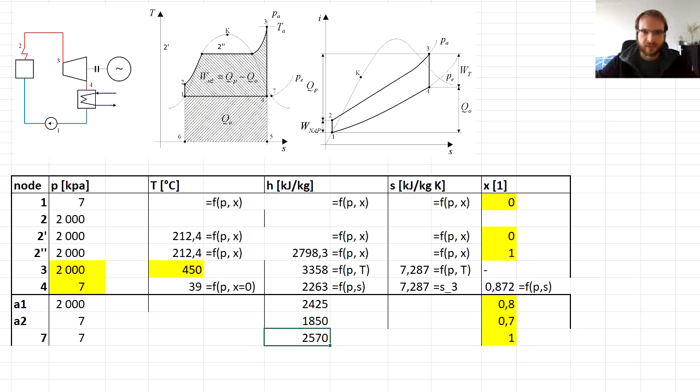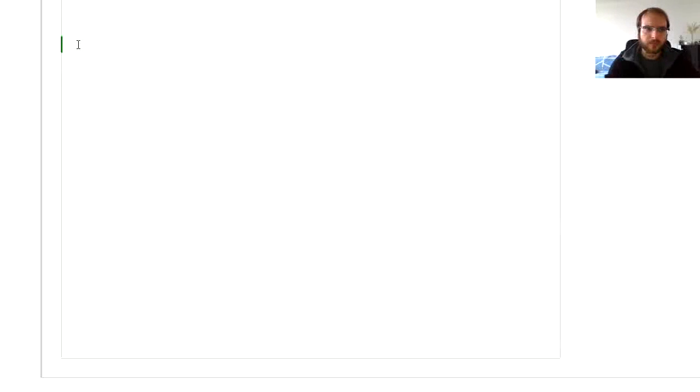Now let's get the values of the saturated liquid from the saturated vapor and the point at the specified quality. As I said before, the enthalpy in the two-phase region is a linear function of the steam quality.